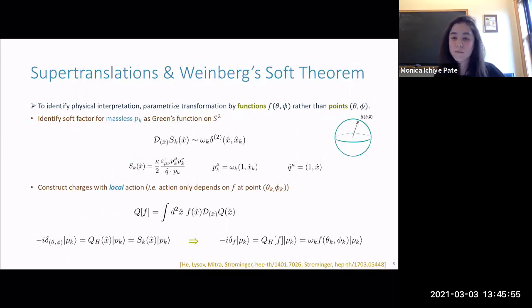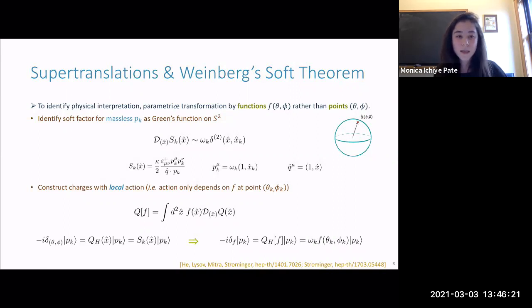So I just gave a formal argument about why the Weinberg soft graviton theorem could be interpreted as a statement of a symmetry, but in order to actually identify the physical interpretation of the symmetry, it's helpful to parameterize these transformations by functions on the sphere as opposed to points.